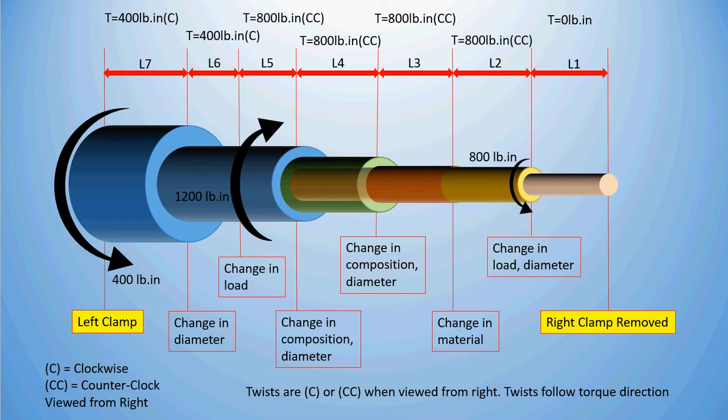It's a shaft with varying segments of different geometry and materials with some loads applied to it. On the right end, the right clamp has been removed, and even though this shaft would take some work due to all the different segments, you would be able to solve from the right working towards the left clamp for each of these segments, finding the net twist.